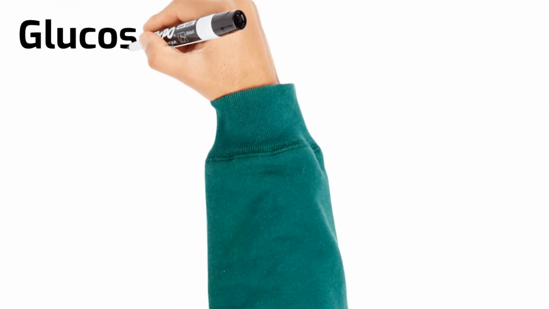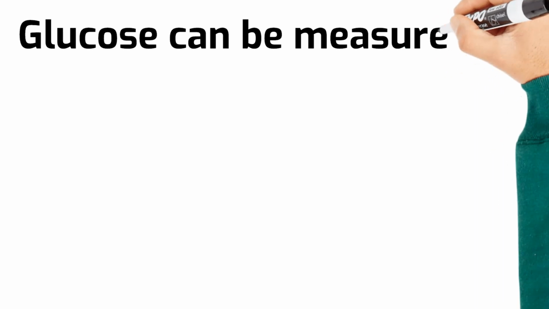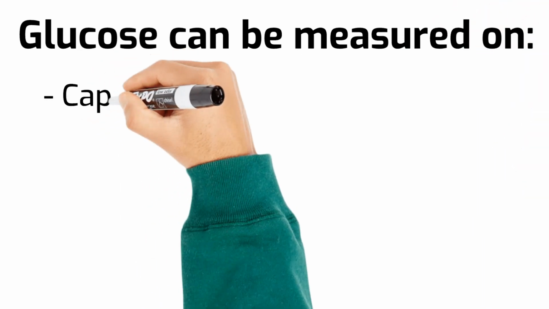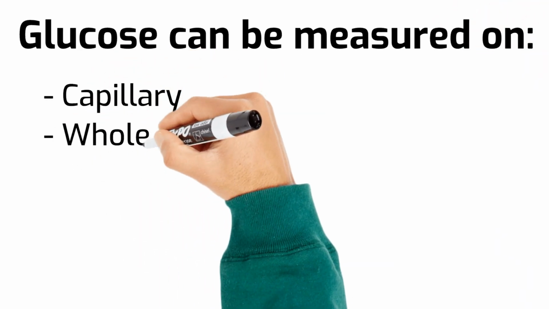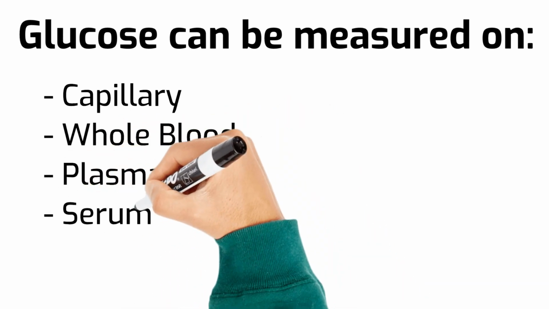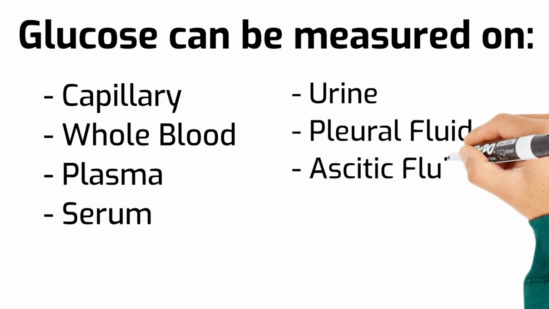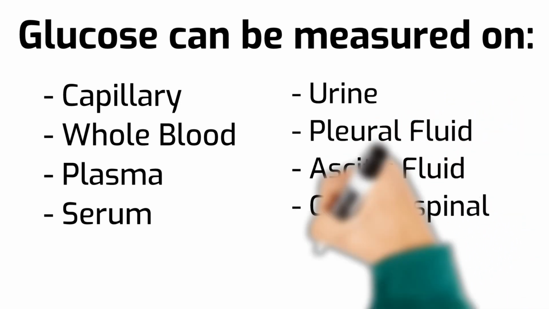Although glucose concentration is highest in arterial circulation, laboratory measurement of glucose is performed on all types of samples, including capillary, whole blood, plasma, serum, urine, pleural fluid, ascitic fluid, and cerebrospinal fluid.